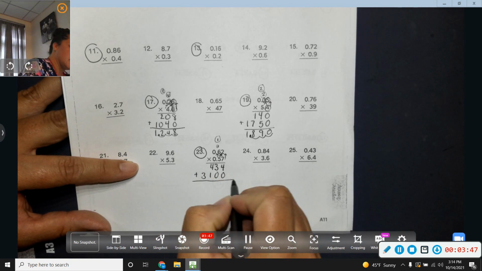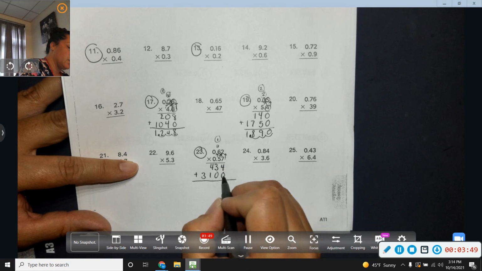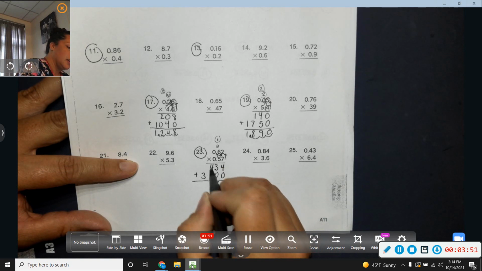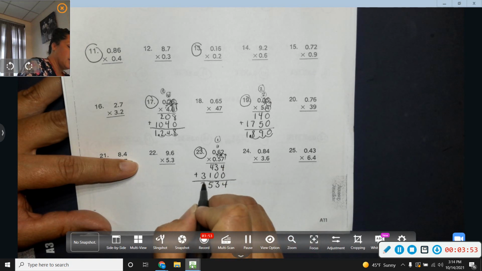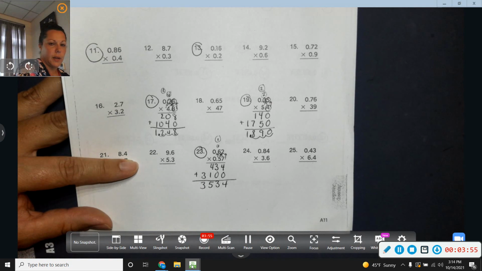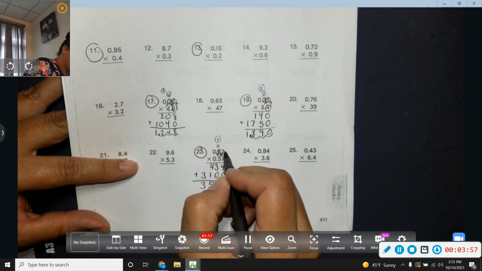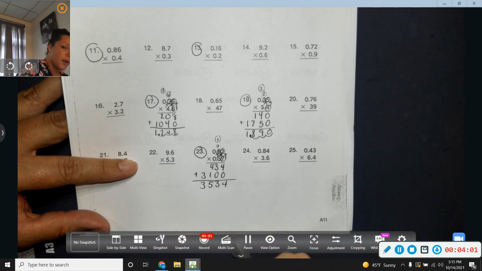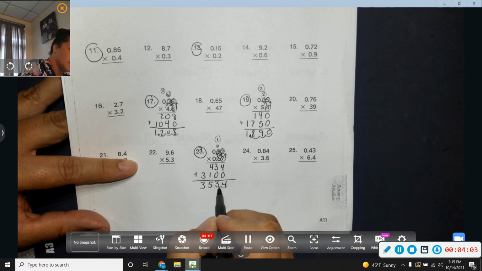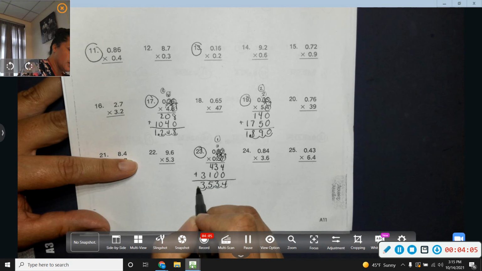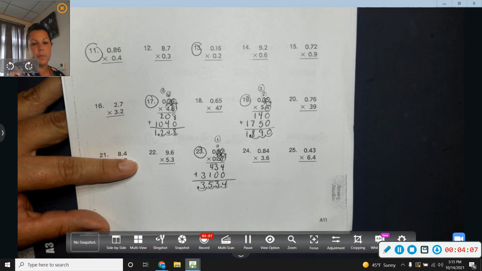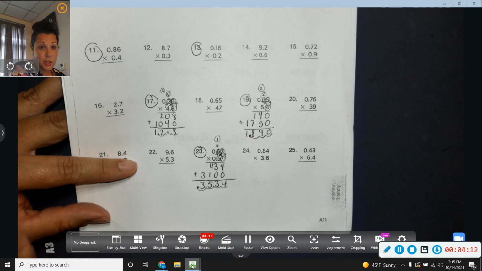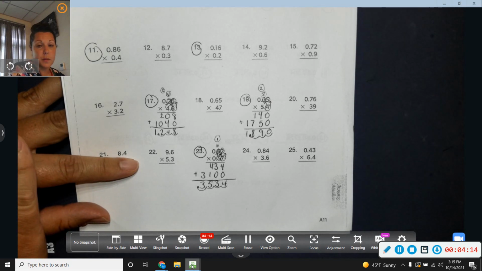Now I'm done multiplying, so I can add 4, 3, 5, 3. How many digits are behind the decimal? This one I have 4. So 1, 2, 3, 4. Okay? So that's double digit by double digit multiplication with decimals.